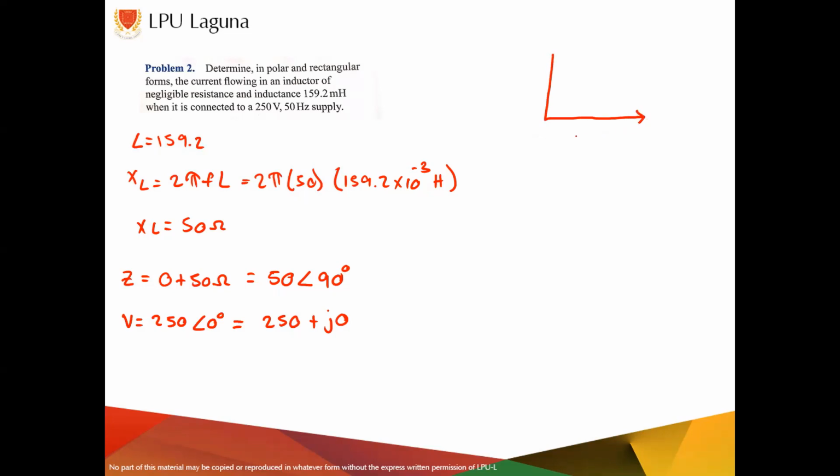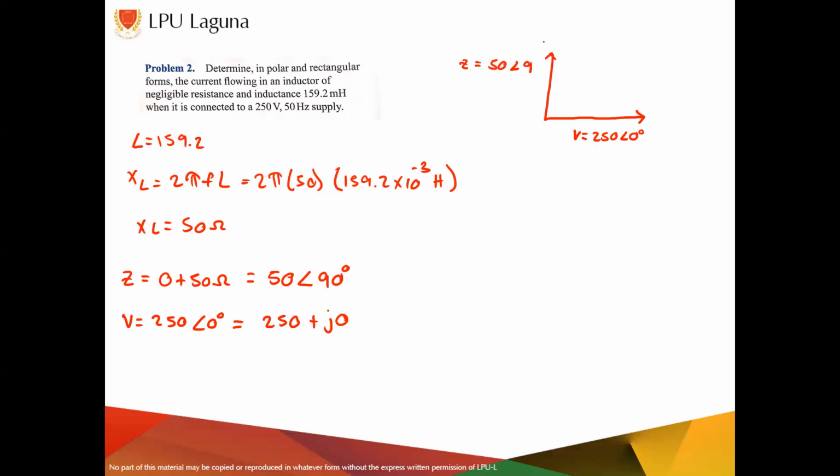This is V. Ito ay 250 angle 0 degrees. At ang ating Z or the total impedance natin, Z is equal to 50 bar angle 90.